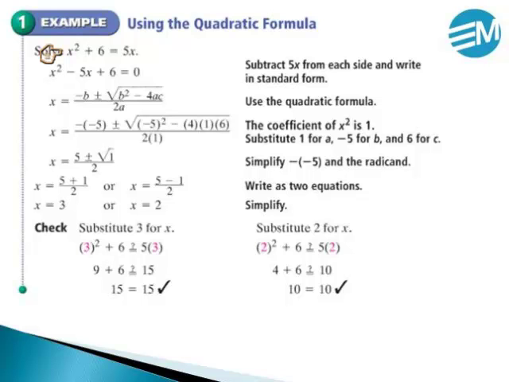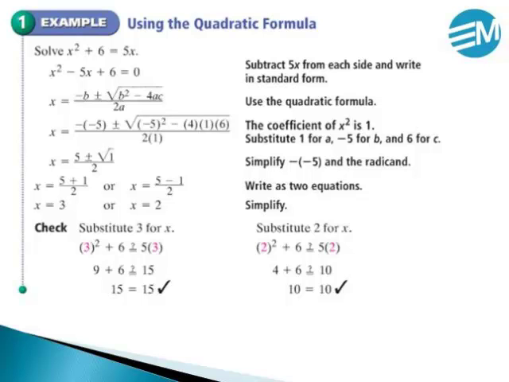We will have x squared minus 5x plus 6 equals 0. Can you tell me why we have done so? So that we have a quadratic equation in the standard form, so that everything is on one side. Yes, that's correct.